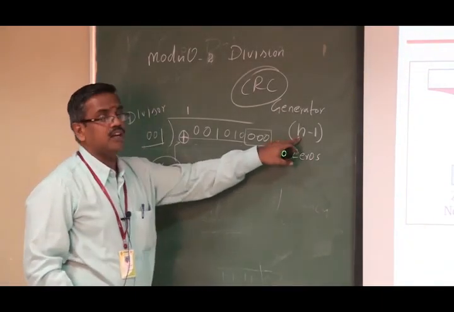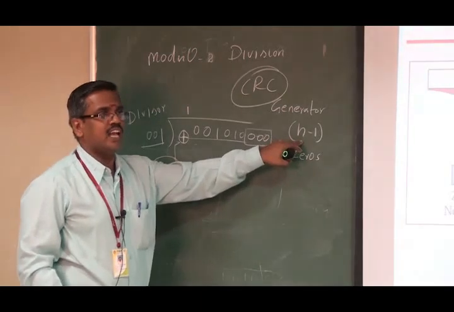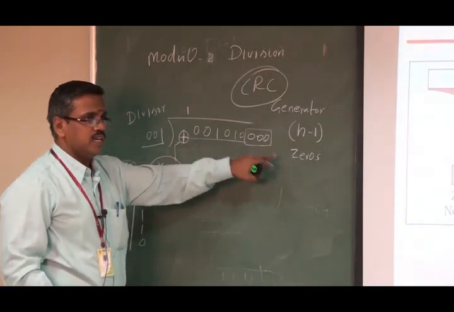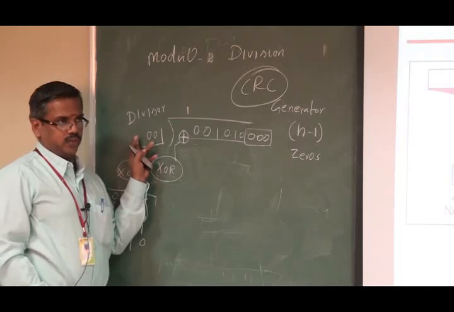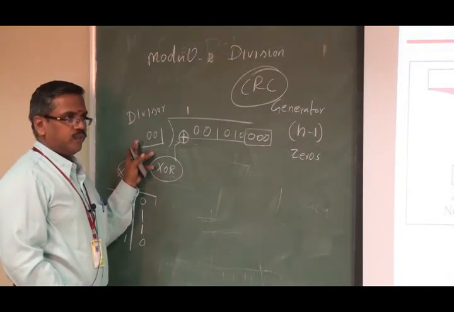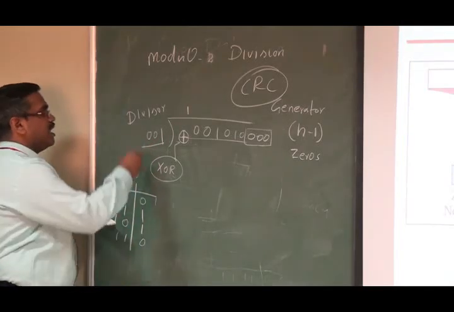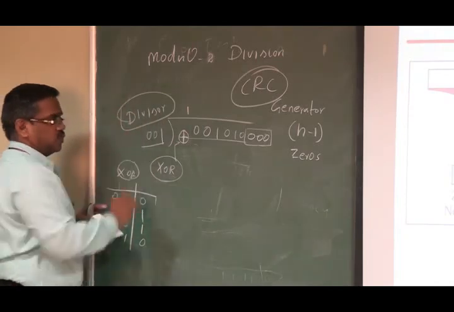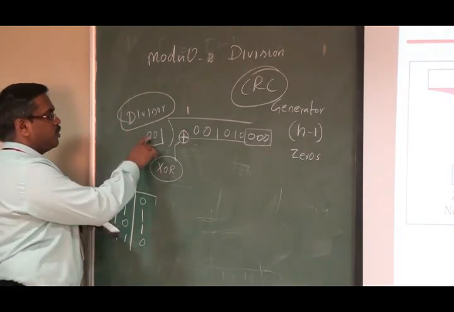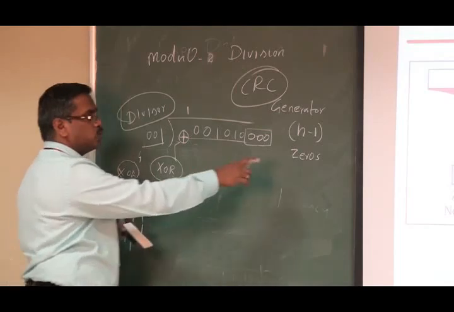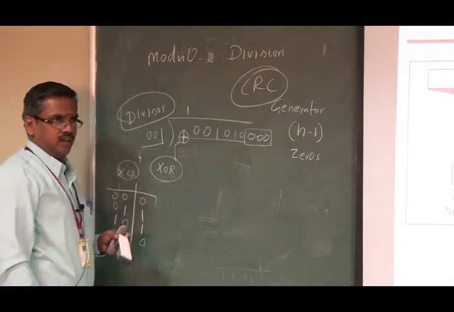So what is n? This n is computed from the predefined divisor: the number of bits the divisor has. If it is 4, then 4 minus 1, so 3 zeros are added.